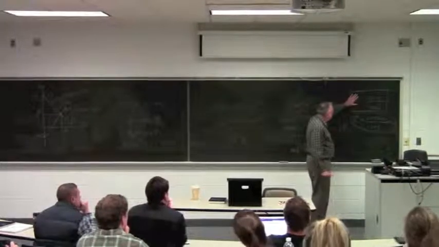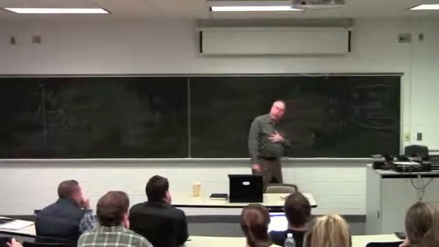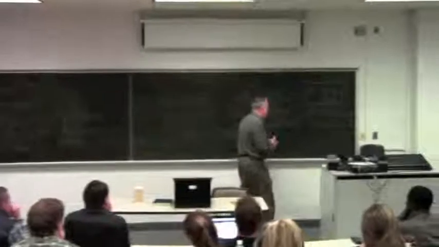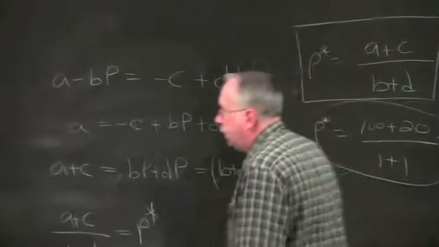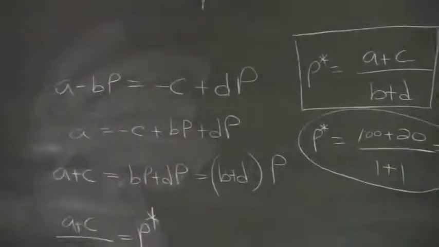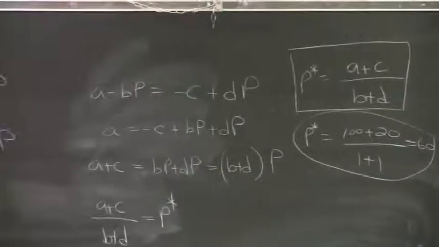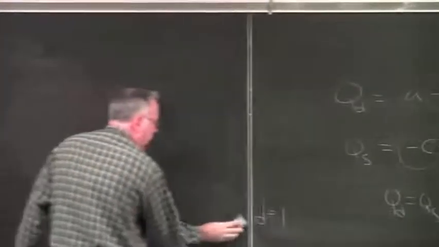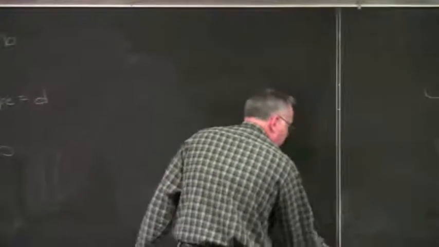We also want to get an expression for the equilibrium quantity. We also want to get Q star. There are two different ways of getting Q star.